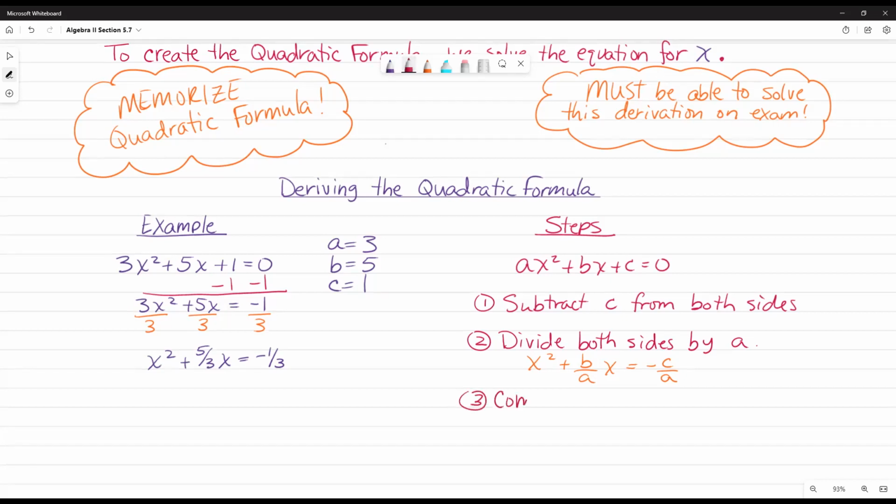Now our step 3, we complete the square. So we add 1/2 times b over a squared, which just gives us b over 2a squared to both sides.